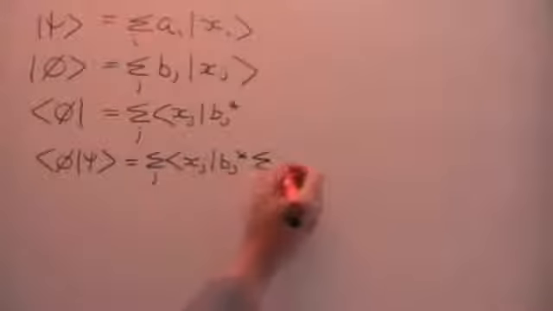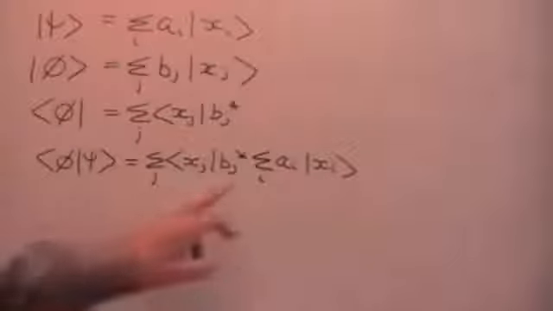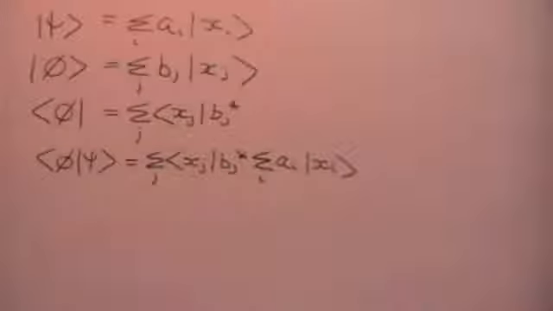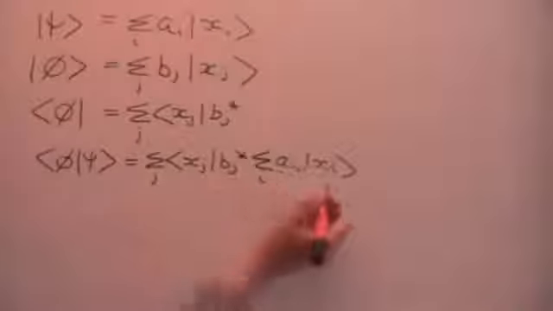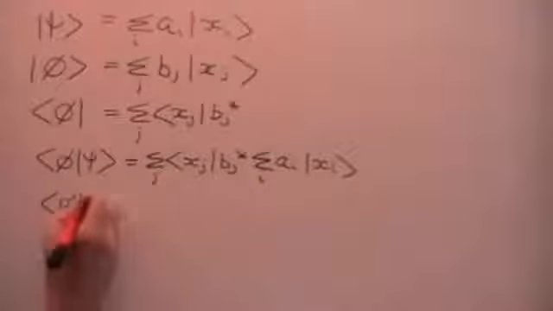That's the sum over i, ai, xi. Now you can always bring numbers. Remember, bj and ai are the probability amplitudes. They are numbers. They may be complex numbers, but they are just numbers. And we can always bring those outside the Dirac notation. So let's just do that.